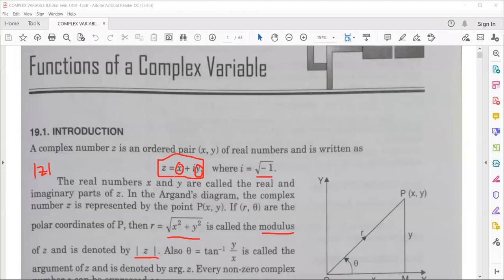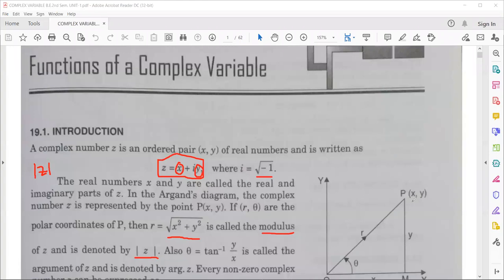And the argument of Z, that means the angle theta. This is your x-axis, this is the y-axis, because Z has two variables, x and y. So I have taken the x-axis and y-axis, and I have plotted the point xy. Say this is the point P, whose coordinates are x and y.